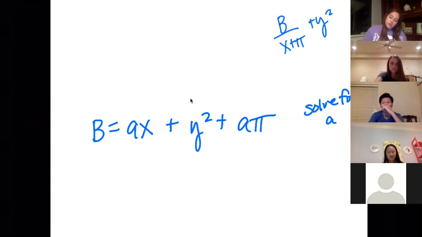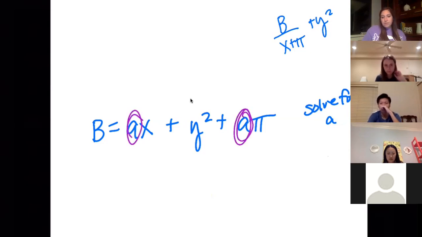Whenever I'm solving for A, I usually highlight or circle the letter that I'm solving for. So I'm solving for A, I'm going to circle all of my A's. And when you have a question like this, it's the same 3 steps every single time.